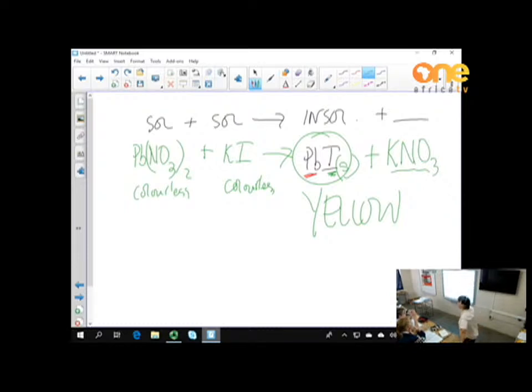All nitrates are soluble. So how do I get rid of that? I will filter. Yes, we want the residue. And what we do is we wash the residue with distilled water, so if there are any contaminants on the surface, they wash off. Are you with me?